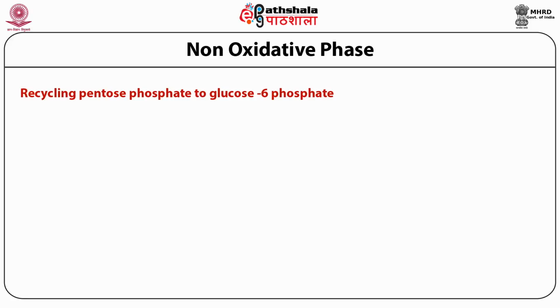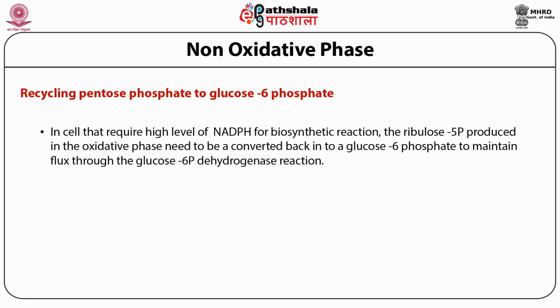It starts with recycling pentose phosphate to glucose 6-phosphate. In cells that require high levels of NADPH for biosynthetic reactions, the ribulose 5-phosphate produced in the oxidative phase needs to be converted back into glucose 6-phosphate to maintain flux through the glucose 6-phosphate dehydrogenase reaction.